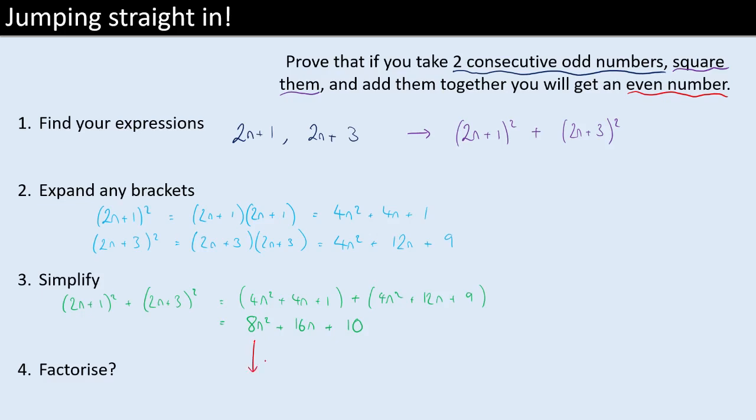Well, 8n squared divided by 2 is 4n squared. 16n divided by 2 is 8n. And 10 divided by 2 is 5. So we can take a factor of 2 out, which makes it even. Okay? And we've completed our proof.